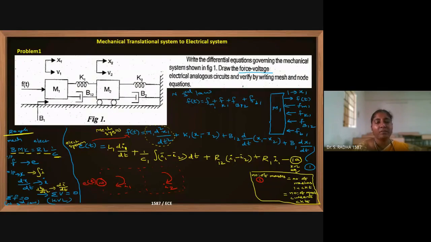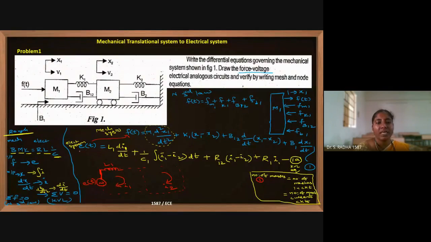Next, what I have is L1. Only I1 current will be there, so I am connecting one inductor which belongs only to the first mesh, because I1 current alone flows in it. The first term on the right side is L1 di1 by dt.